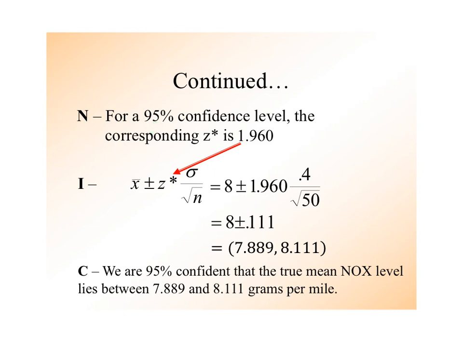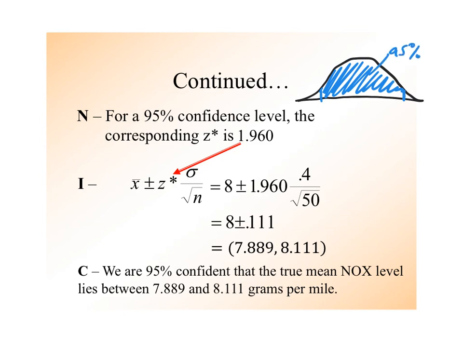So we're going to think about the normal diagram again. But this time, we're going a little bit wider. We're looking for 95% in the middle. So that makes our blue area wider. So how much is left on the tails?